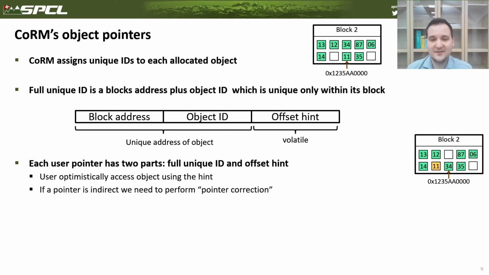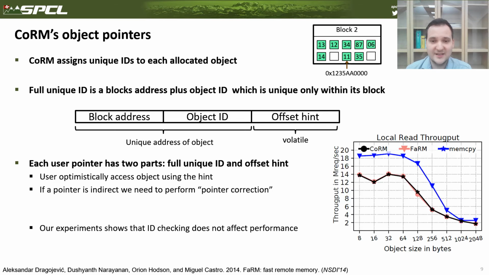For objects for which the client had a wrong offset hint, we would need to perform pointer correction, which I would explain on the next slide. But here I'd like to focus on whether this additional ID check can affect performance. Of course, if we compare with pure load store instructions, which are performed by memcopy, then we would have a problem.